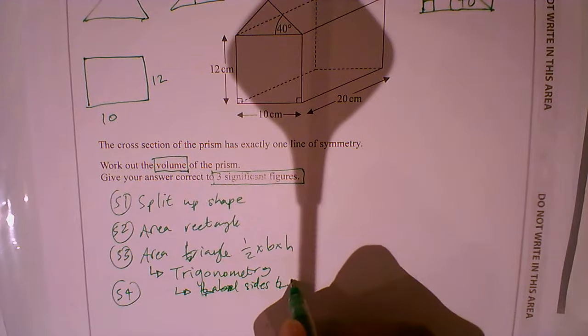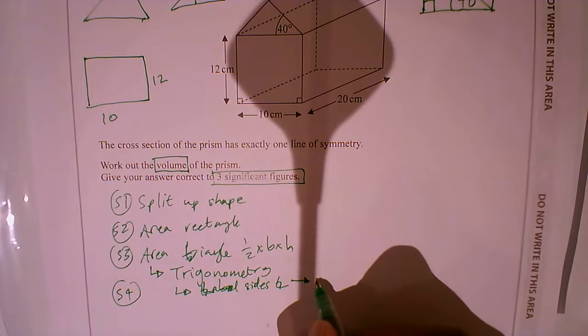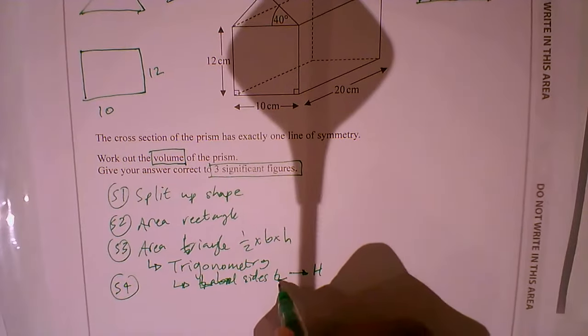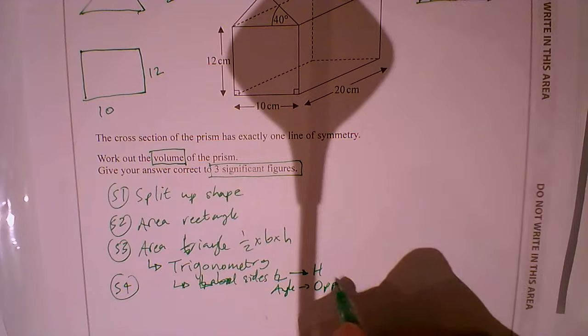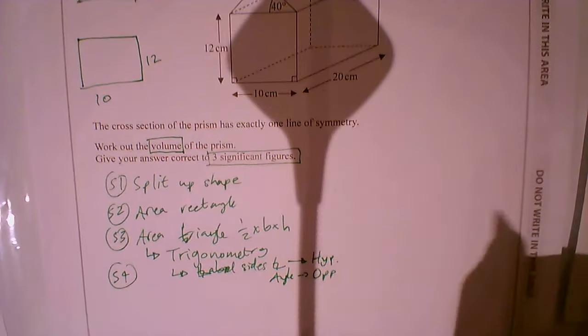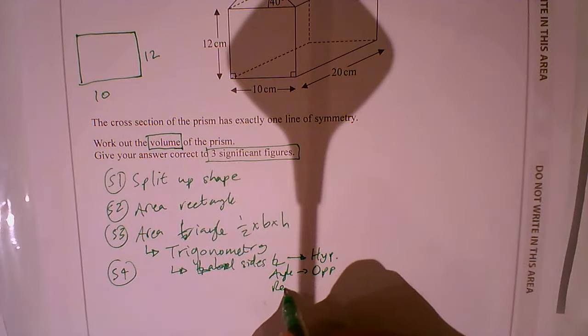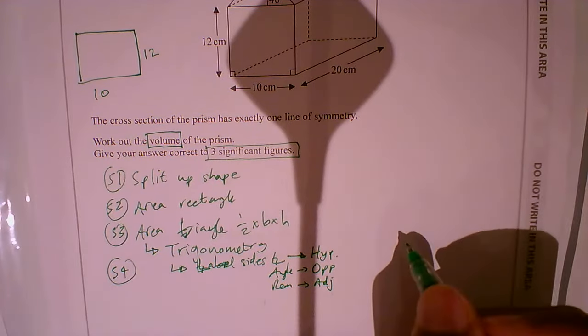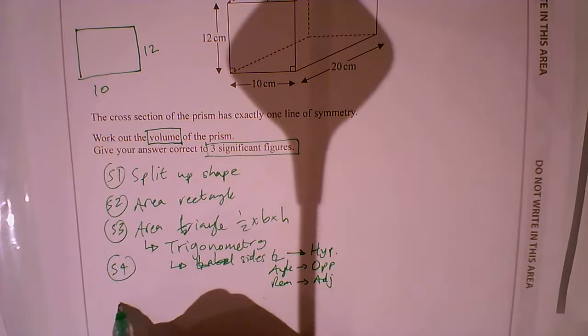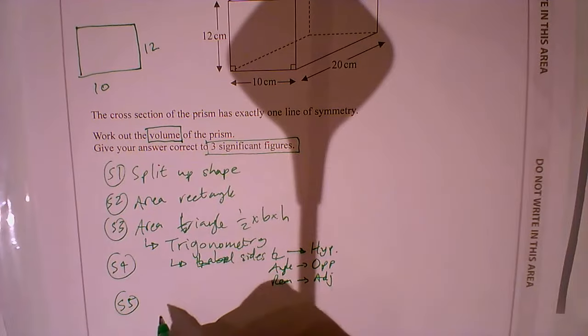From the right angle, I find my hypotenuse. From the angle, I find my opposite. And the remaining one is my adjacent. From there, I can then do SOHCAHTOA. Step 5 is SOHCAHTOA.